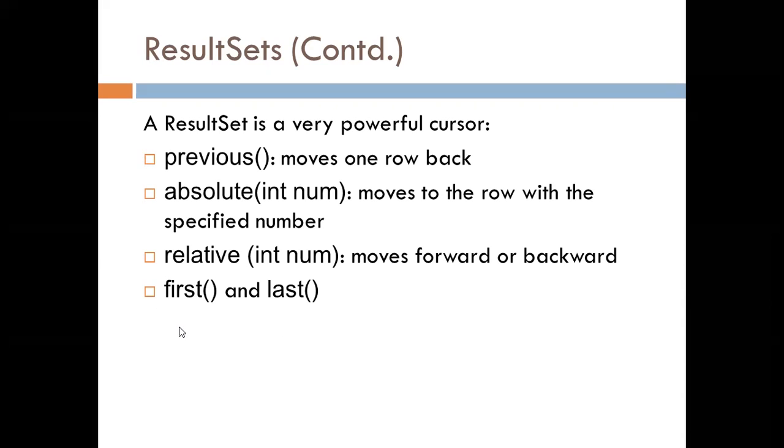If I want to read only the fifth row, I can specify absolute of 5. Relative, so whether I want to move 3 positions forward or 4 positions backward, that can be done based on the current position. First and last will move the cursor to the first row or the last row.